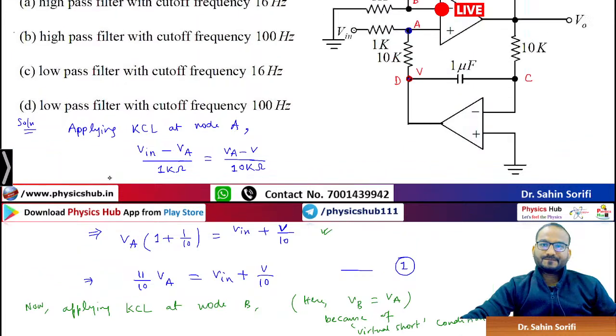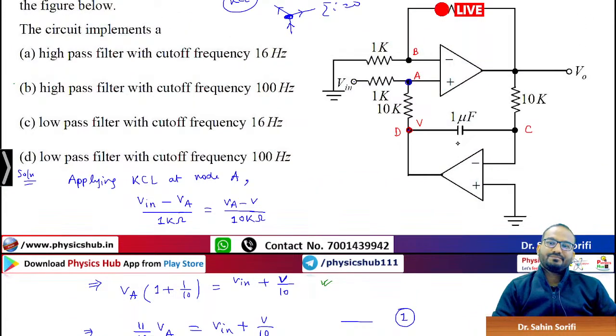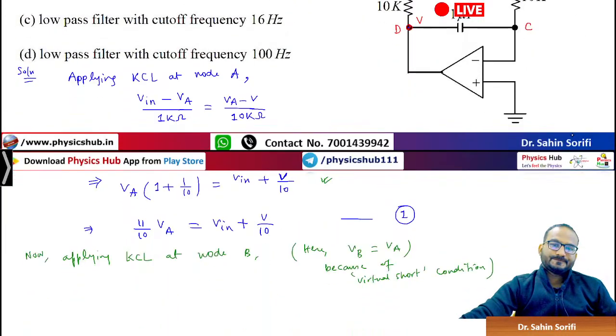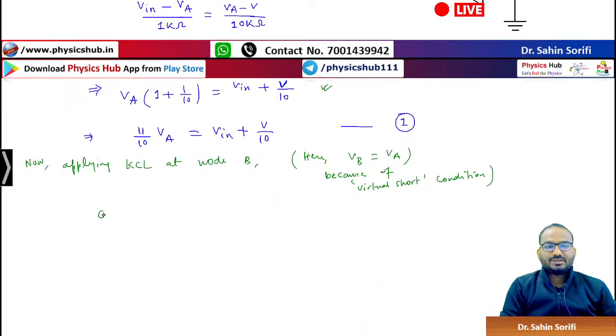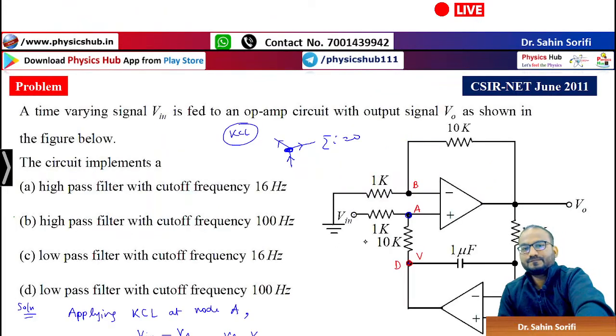Look, here what you can write, Vb is equal to Va. This is 0. So 0 minus Va, divided by 1 is also there, equals (Va minus V0) divided by 10. Imagine Vb is equal to Va. So Va minus V0 by 10.